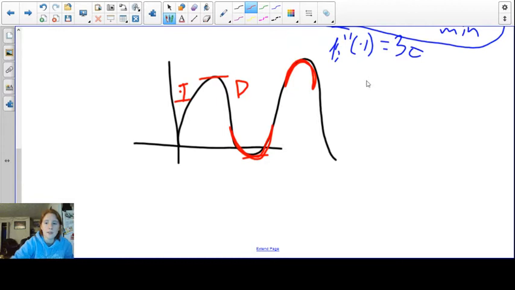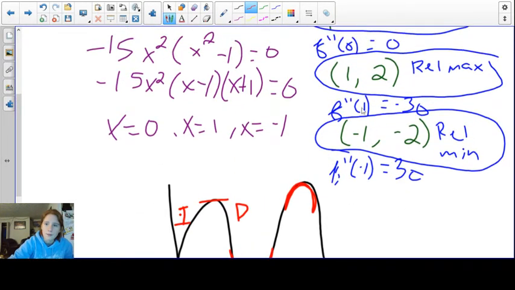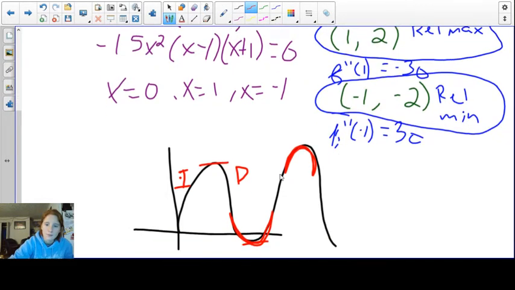Typically, if I plugged in a number and got a positive output, it means it's concave up. So if it's concave up, wouldn't your assumption be that it's a minimum? Likewise, if we get out a negative number, that means it's concave down, and wouldn't that make you believe that it is a maximum?